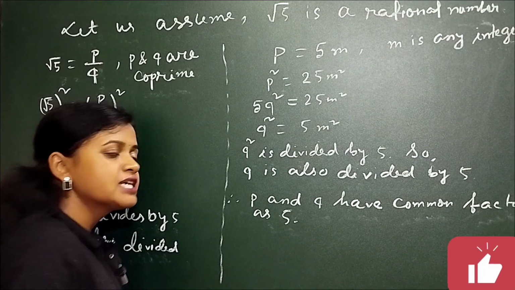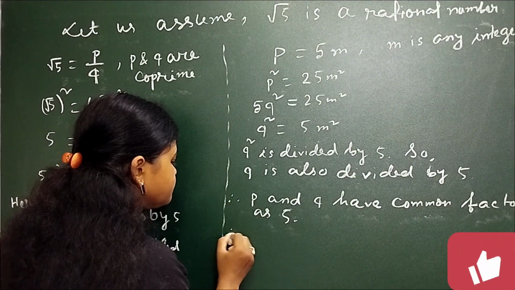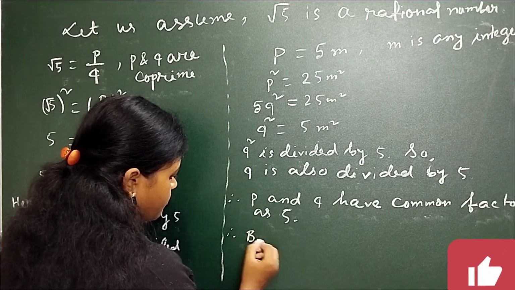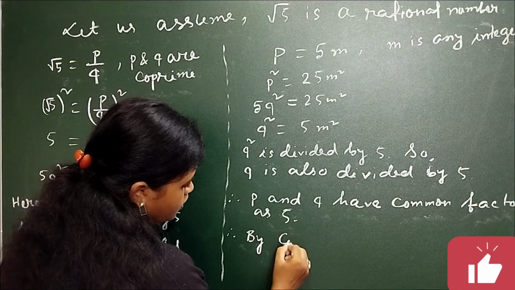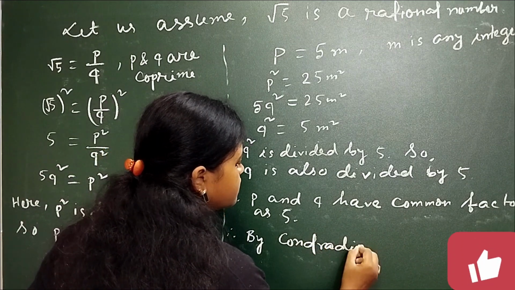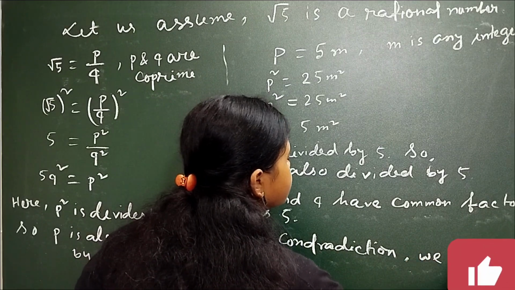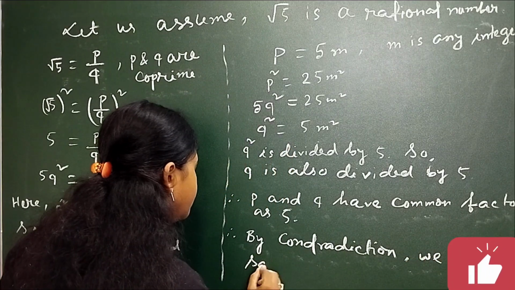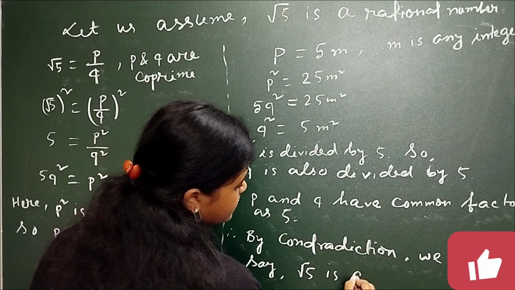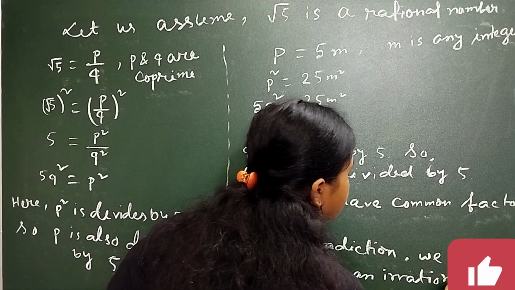So that creates a contradiction. So by contradiction we can say root 5 is an irrational number.